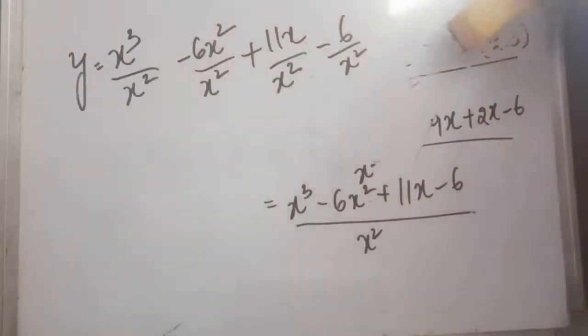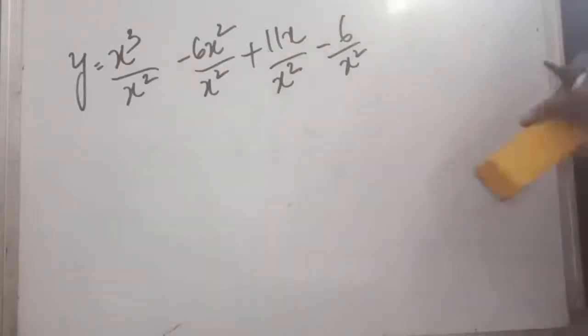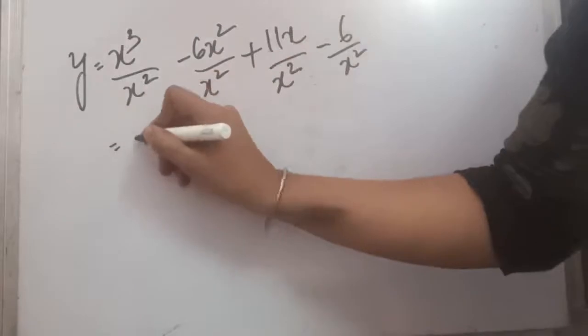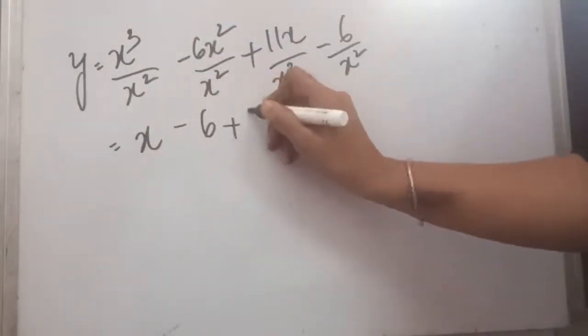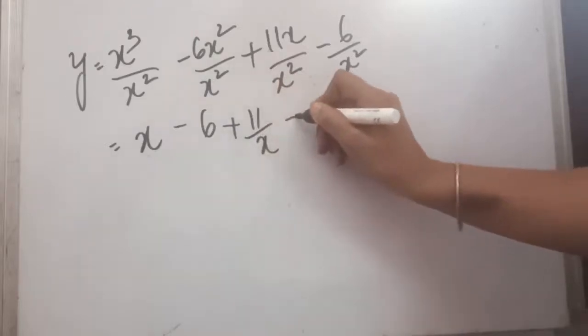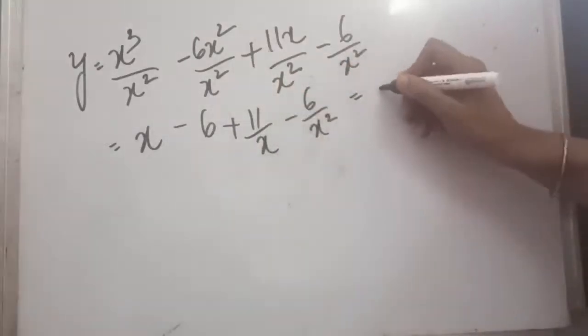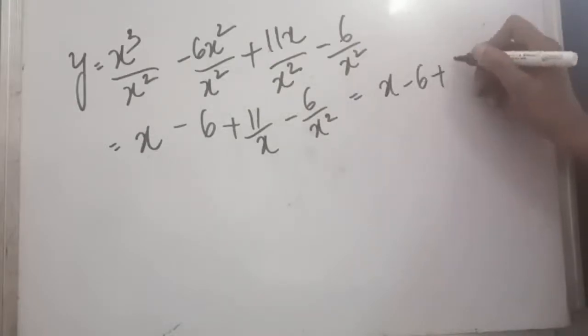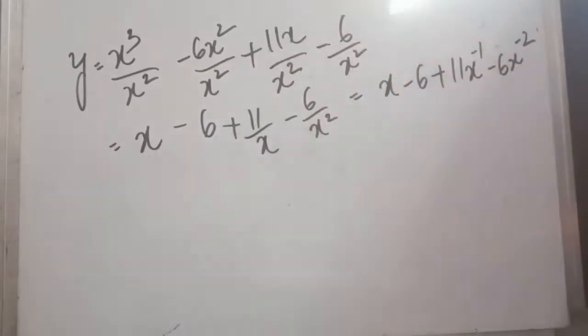So we have divided this with the denominator x square. Now solving this, it will be x minus 6 plus 11 upon x minus 6 upon x square, or we can say it is x minus 6 plus 11 x power minus 1 minus 6 x power minus 2. The below have come forward.